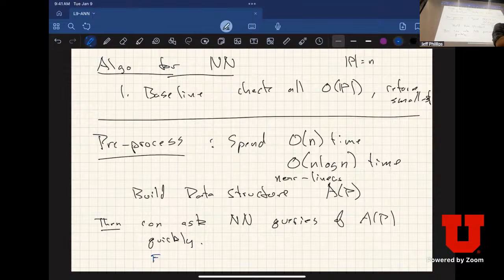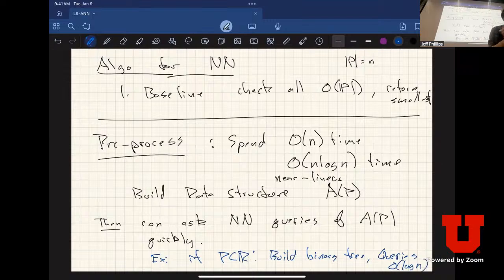We already had one example of this. If P is in the real numbers, then I can build a binary tree, and then queries are in O of log n time, right? This is pretty much the best I can hope for with nearest neighbor queries.